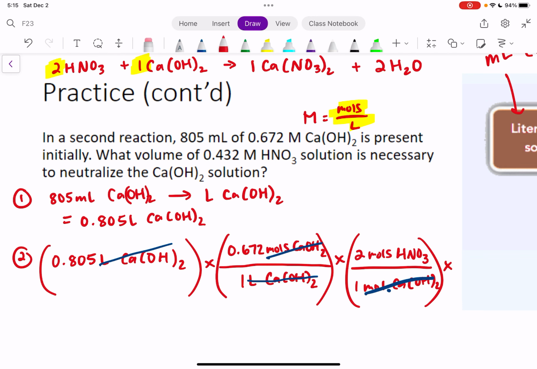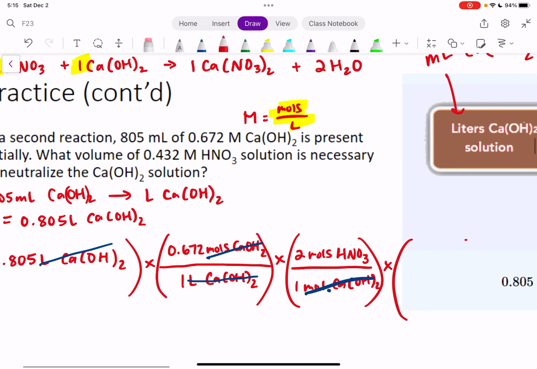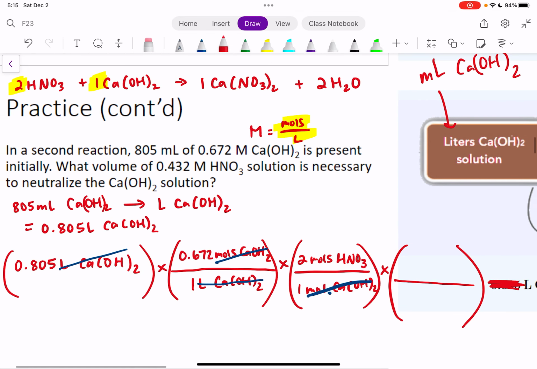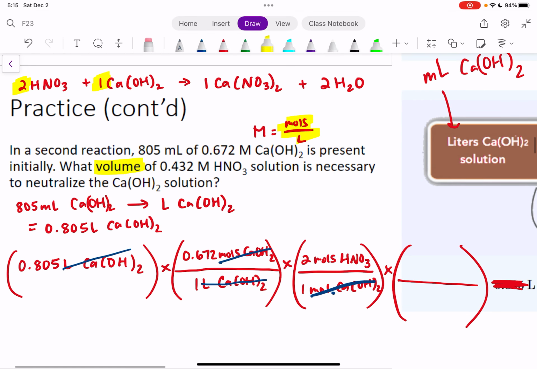One more step here. Now we're in moles of nitric acid, and we want to get to liters of nitric acid, a unit of volume. Moles is not a unit of volume, liters is. So again, we can use our given molarity as a conversion factor, where we have 0.432 moles of HNO3 on the bottom and 1 liter of HNO3 on the top.